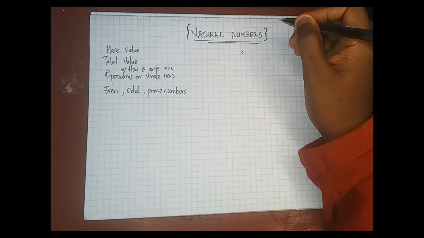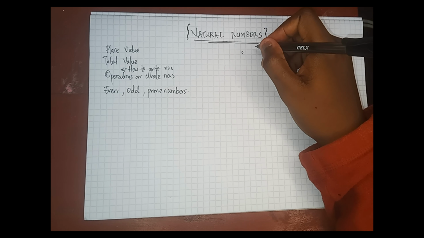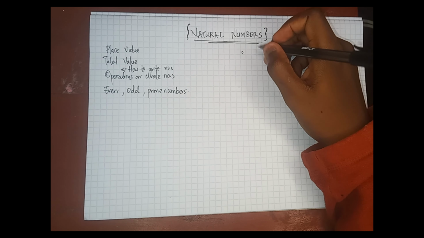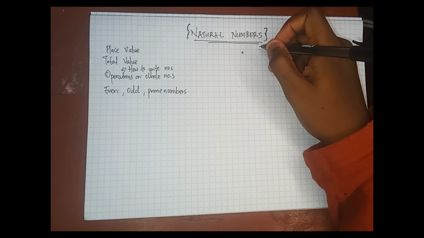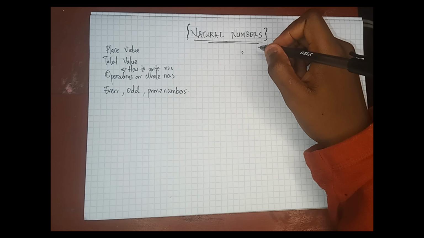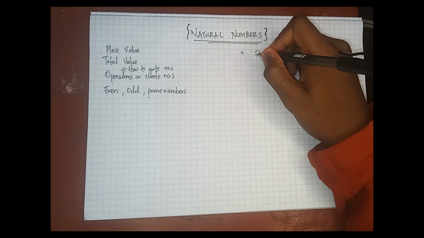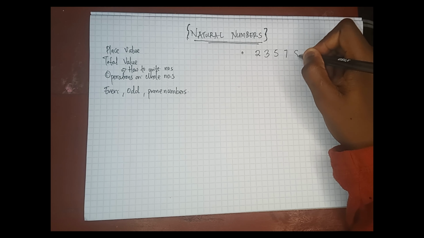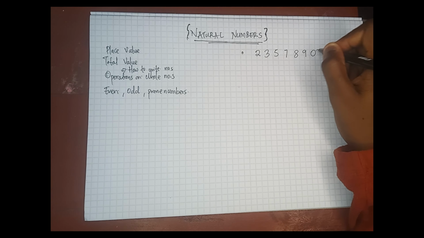So as you begin, place value, an example of a demonstration ya definition ya place value ni, for example, nataka kujua position of digits in the following number: 2,357,890.